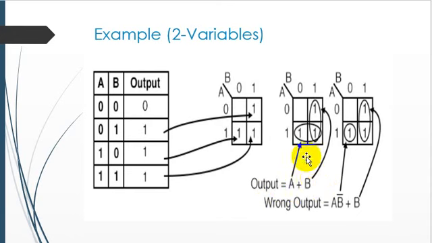So for the output equation, we combine the inputs with the help of summation. Okay, the second important thing is that A is 1 throughout this pair, so that's why we do not complement it here. And same for this pair, B is 1 throughout this column, so we write down B without any complement.